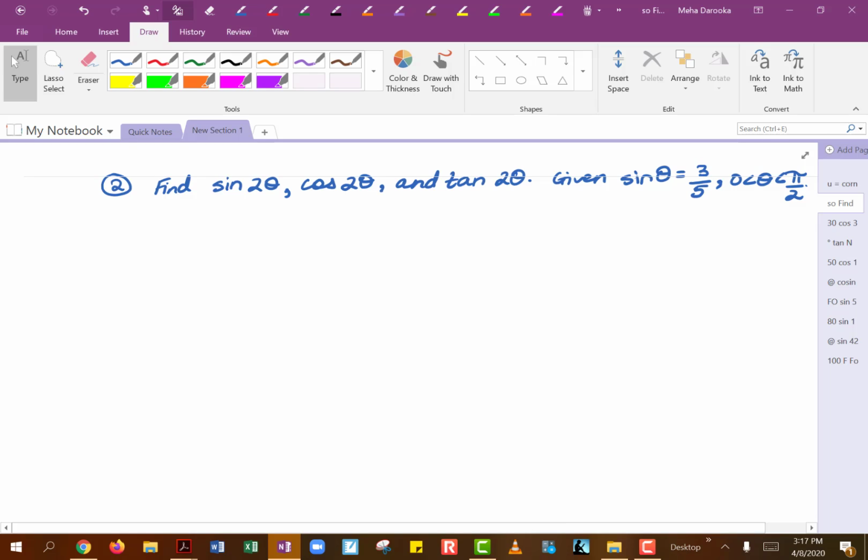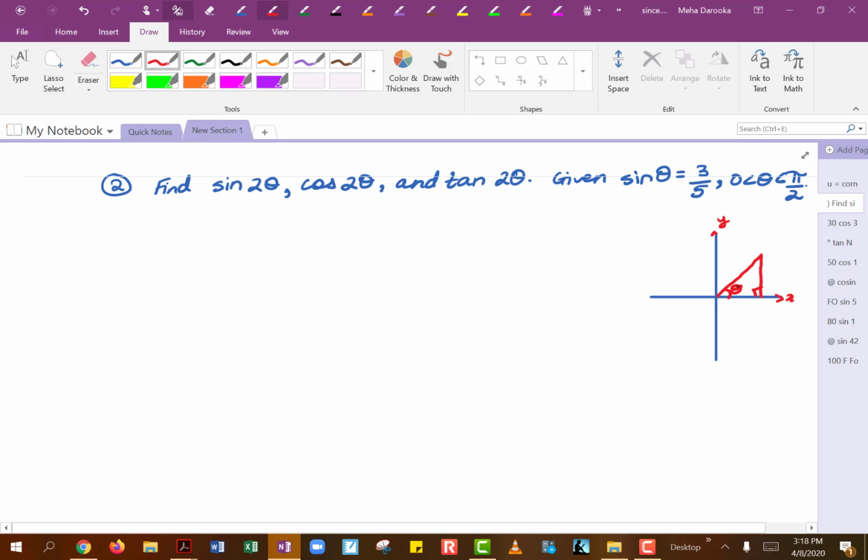So the first thing we want to do is go ahead and create a little triangle for ourselves. Okay. So this is a quadrant 1 angle. So you can imagine, you can do a little triangle if you like, and this is going to be our angle theta.